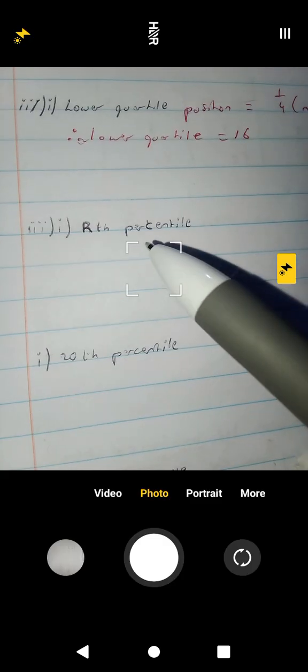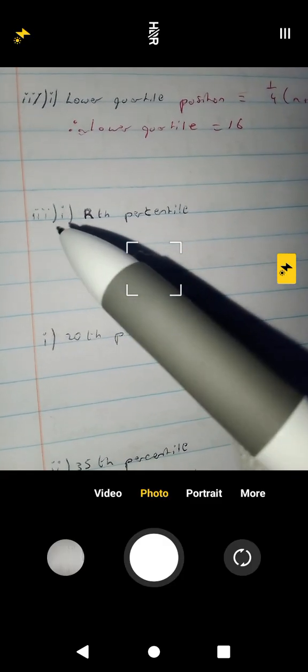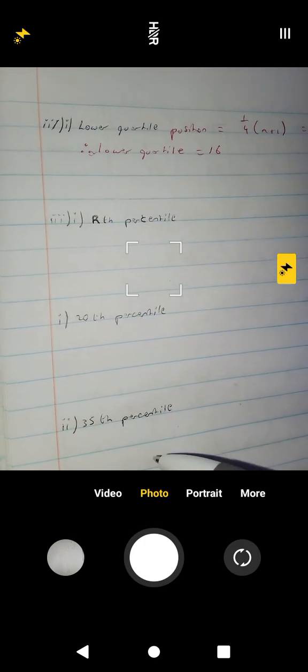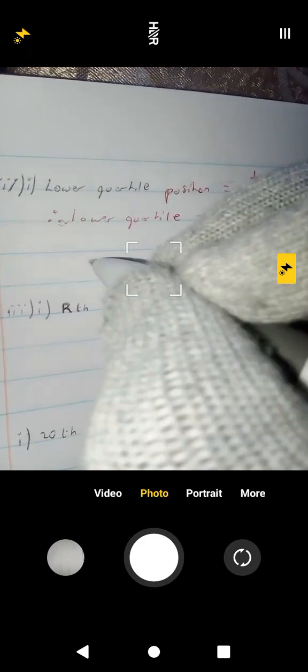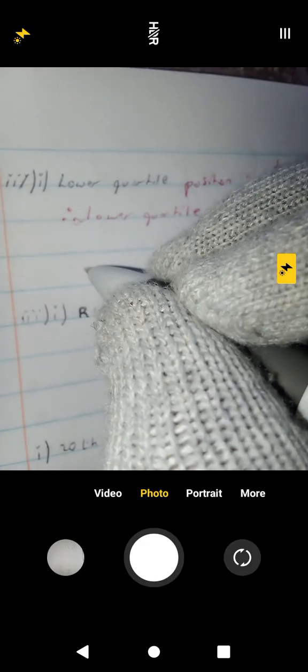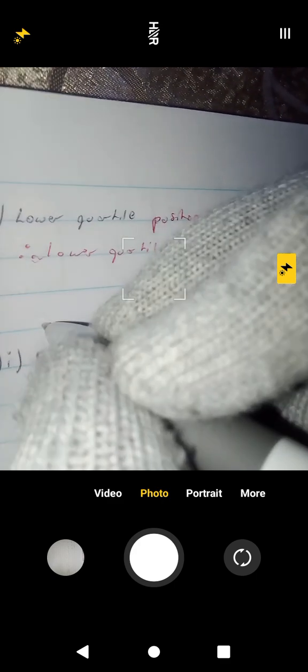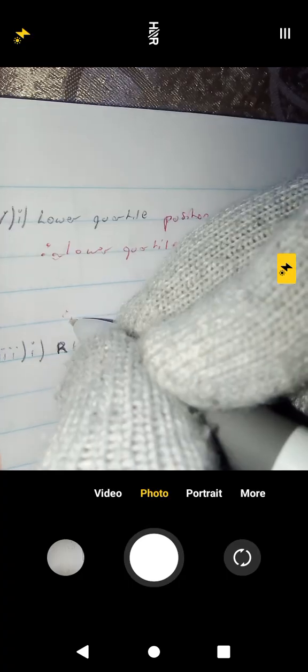And then let's now get into the concept of percentiles. But before we do percentiles, I think we should do the interquartile range. So it's pretty simple.